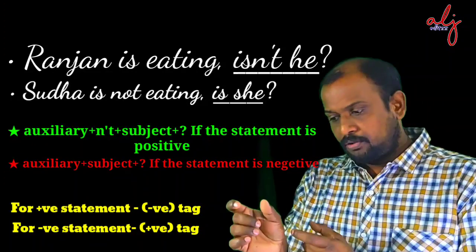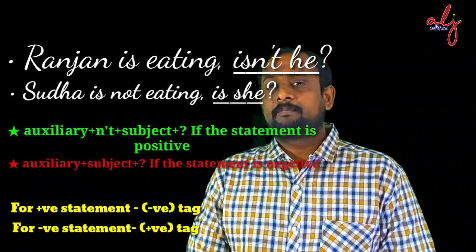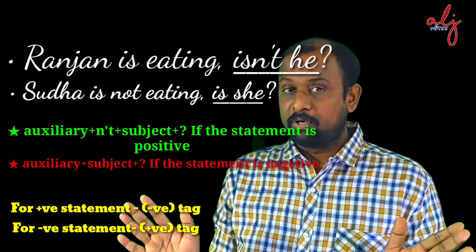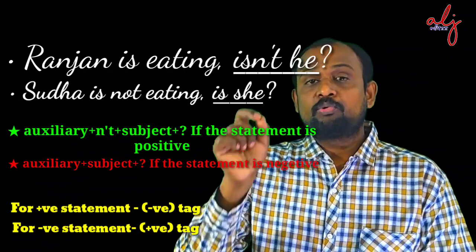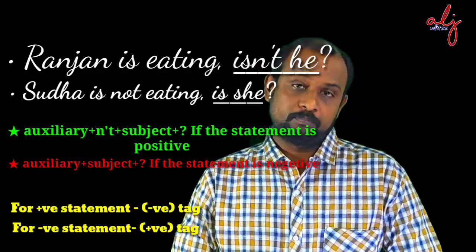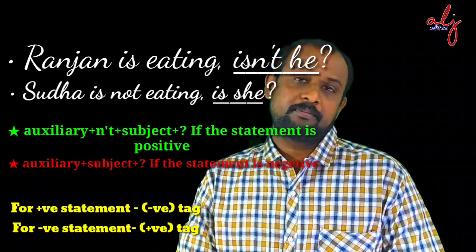First, you write the helping verb, that is, the auxiliary. Don't use the negative word because it is already a negative statement. Then write the subject, and it should be a personal pronoun. Put a question mark.